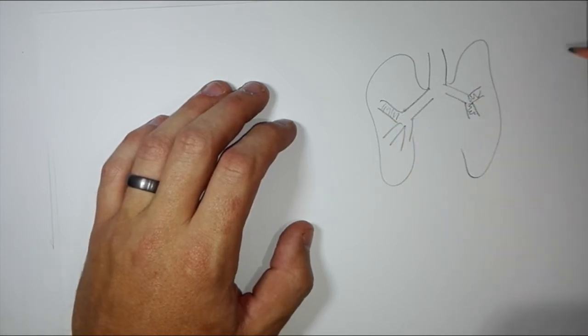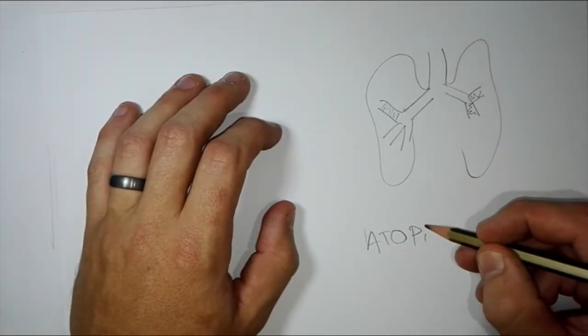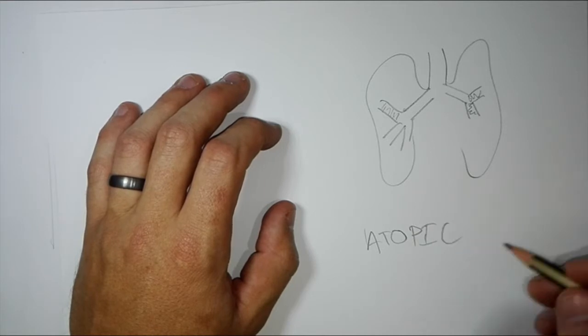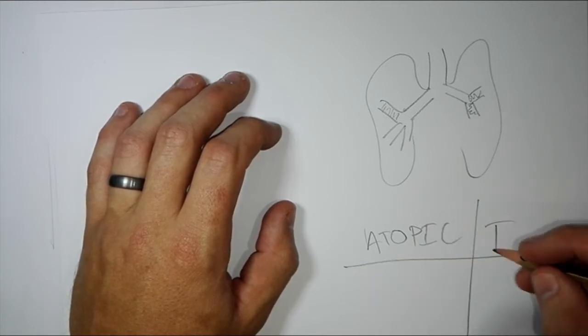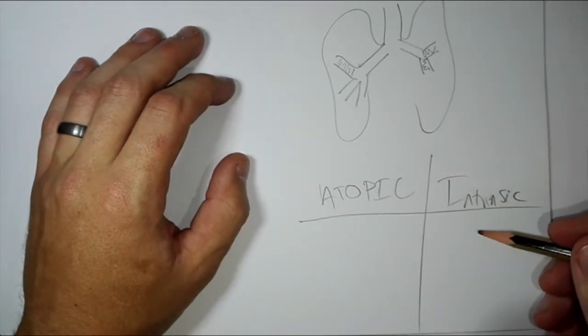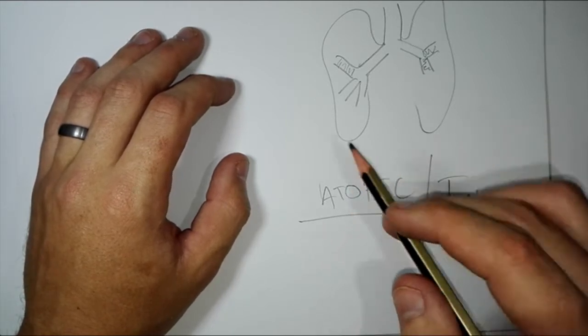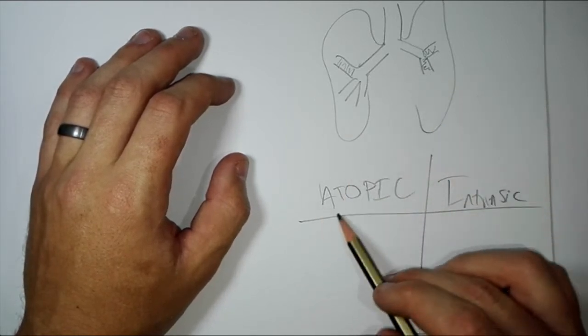And there's more than one kind of asthma. So mostly we get atopic asthma, and we get intrinsic asthma. So just for you guys to know, over here in our PHC213 model, the one thing we're concerned about is the atopic asthma.